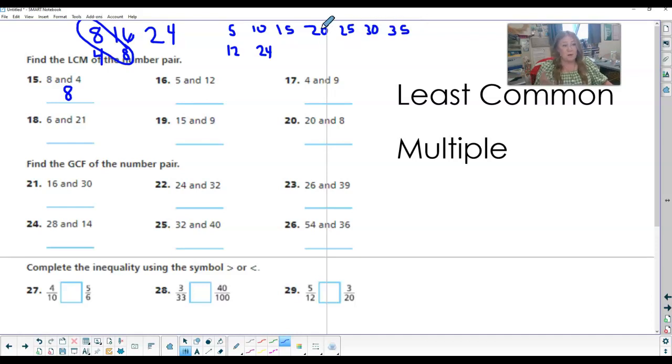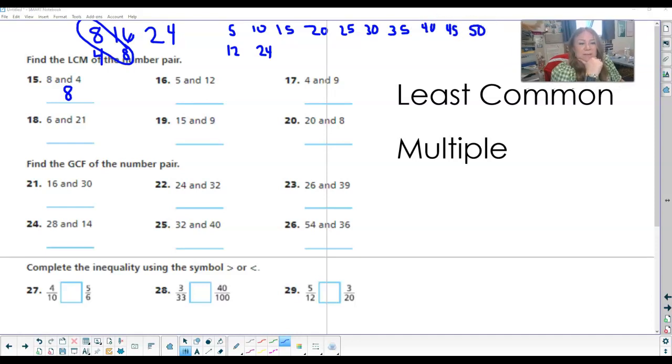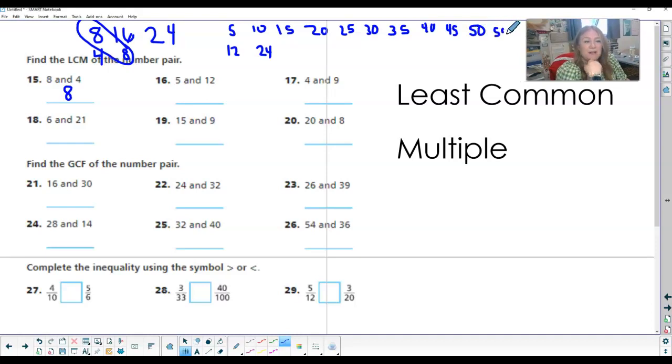And I know 12 can't go into these, so I have to keep going. 35, 40, 45, 50, 55, 60. Let's see what we have here. 12, 24, 36, oh, that's close to 35. 48, no. Then 60. Oh, 60 is the lowest number that they both have in common when I am skip counting.